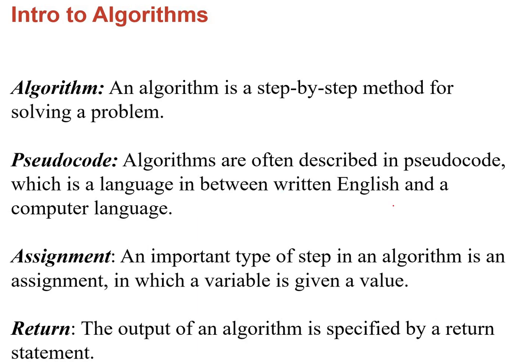And in an algorithm, there's going to be an assignment which you guys, I'm quite sure, are familiar with, right? When we write a program, there's usually a variable assignment, and then there is an output of the algorithm, which is called a return statement, right? So this is what constitutes an algorithm.